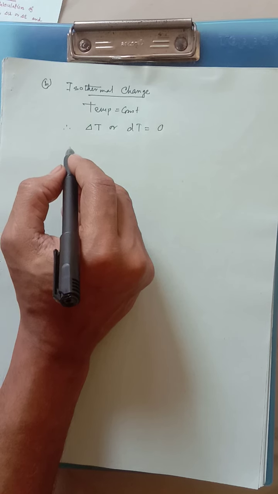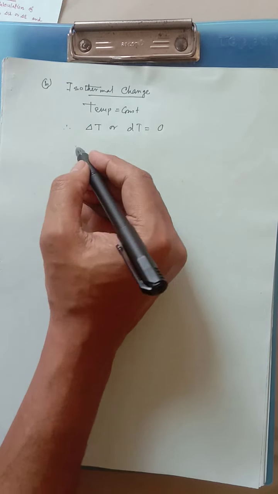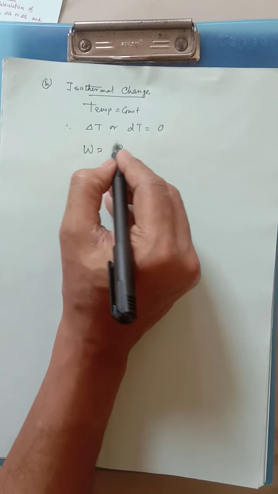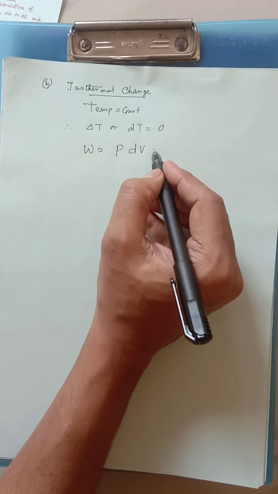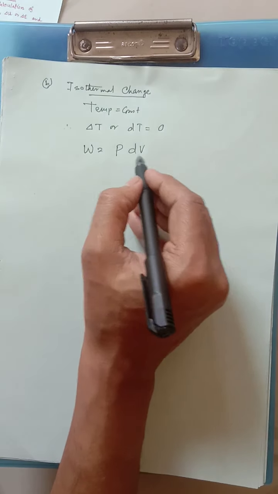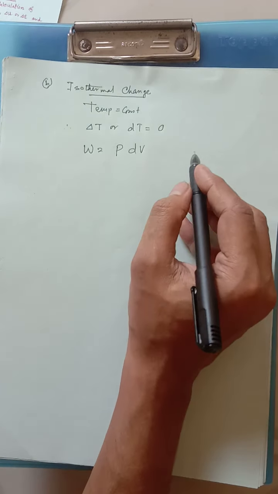Now moving forward, we all know that W equal to P dV. Okay, so we all know that this is the relation of W with pressure and volume.